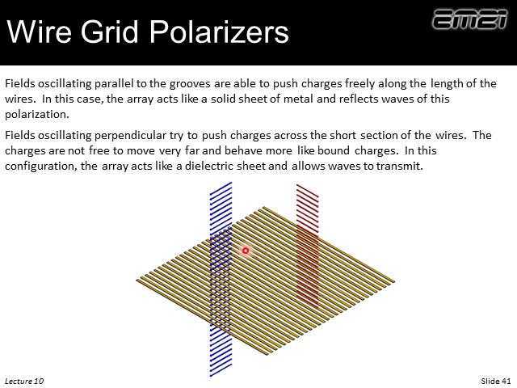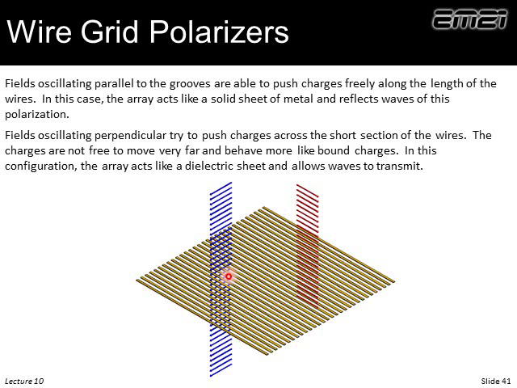Well, our metals are running continuously lengthwise in this direction. So our electric field is polarized in that direction. It's pushing charges in this direction, and our metals are continuous. Those charges are free to move in that direction, and this acts very much like a continuous sheet of metal. However, if we have an electric field oscillating perpendicular to the metal wires, the charges are essentially stuck to the wire.